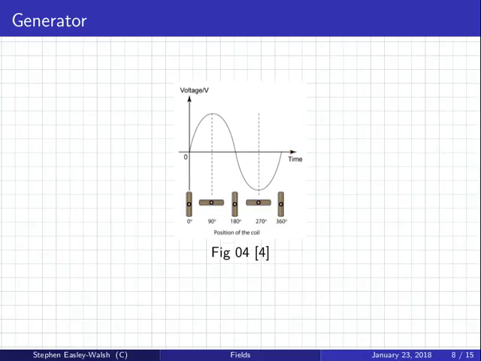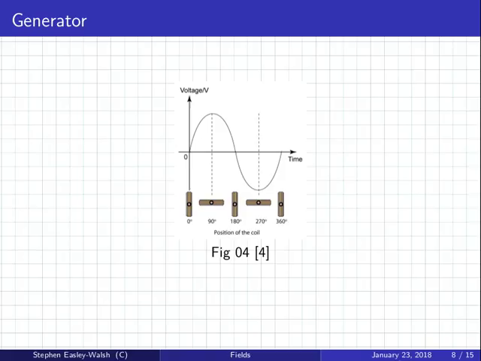Before you draw it, this is what the voltage will look like. When it starts vertically, we have no voltage, and then we start to rotate it. When it rotates 90 degrees, that's when we get the most voltage. But then the voltage starts to decrease, and when it gets to 180, we have no voltage.